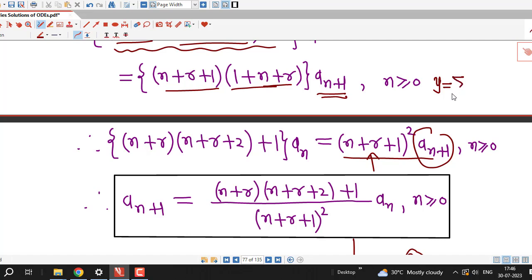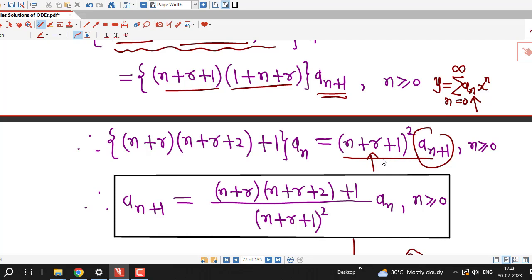Our assumed solution is sigma a(n) x raised to n plus r. Now r is 0, therefore we have sigma a(n) x raised to n, and we are interested in these coefficients a(n) now. For that we have developed this recurrence relation.